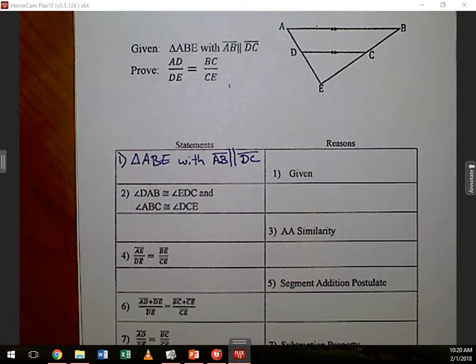Now we're going to look at what they're talking about, because we're just filling in what they have here. Every time we're doing this, we're usually just filling in what we're given.